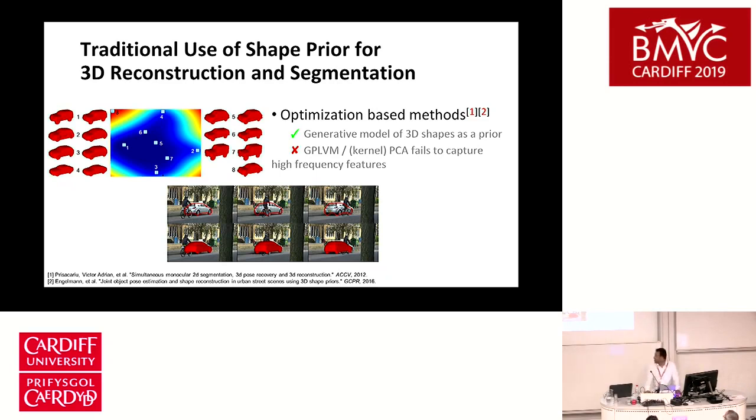But the success of this approach has actually relied on the probabilistic nature of the learned latent space. So as you can see in this figure, this 2D latent space encoding all the car shapes, every point in the latent space is associated with a learned prior probability.